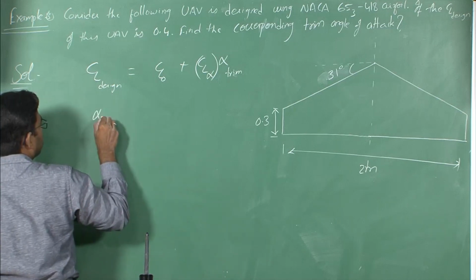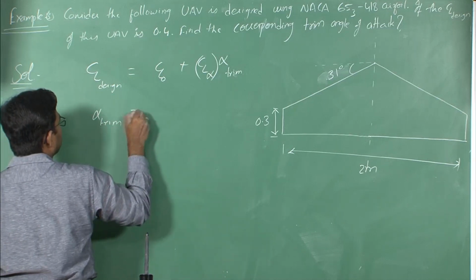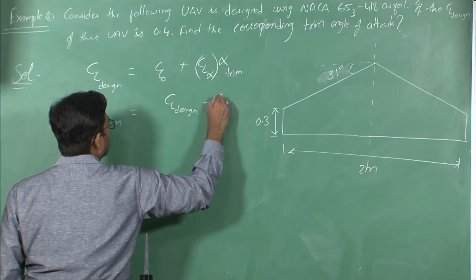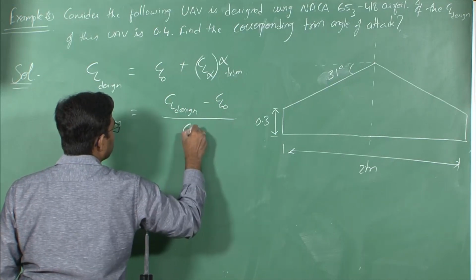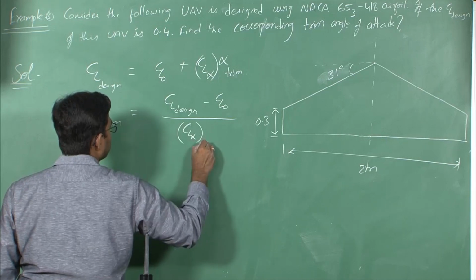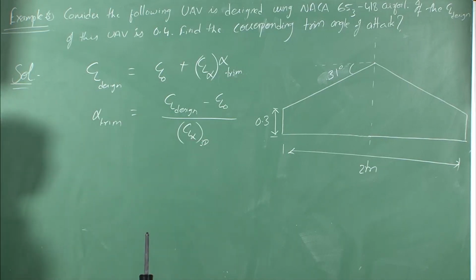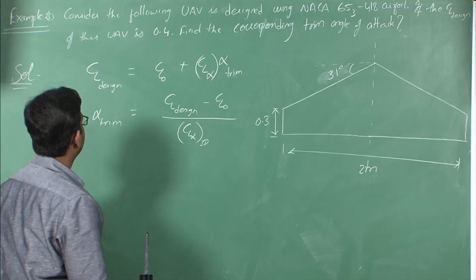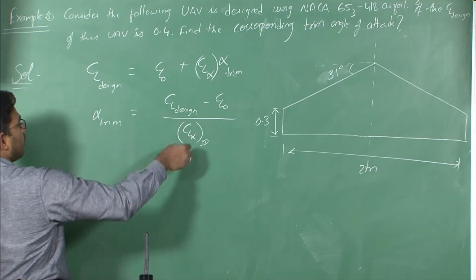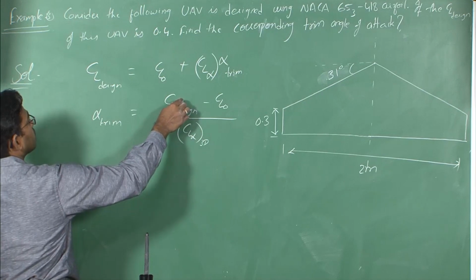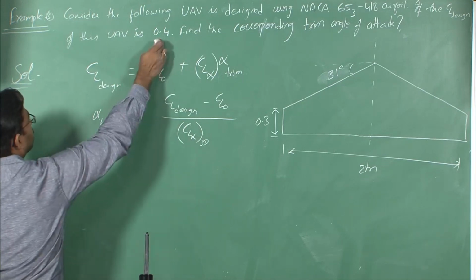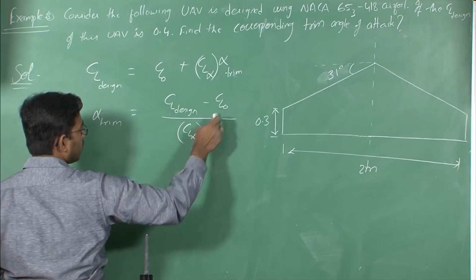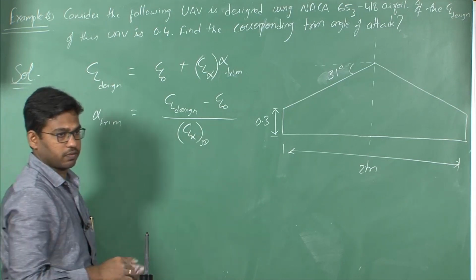So this alpha trim is equal to CL design minus CL naught, divided by CL alpha, which is 3D of the wing, and this CL naught is also for the wing. Now, what are the unknowns here? CL design is given, which is 0.4, and we need to find the CL alpha 3D and CL naught of this wing.